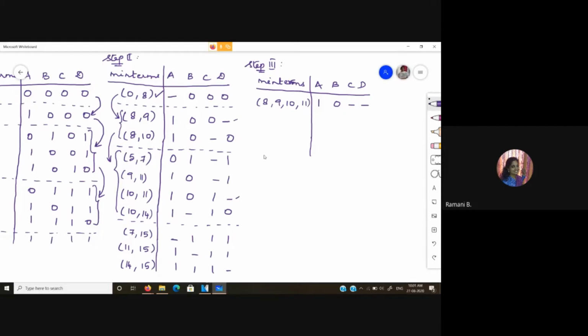And then coming to 8, 10, we have the dash in C, so we compare with the terms having dash in the same position, that is 5, 7 and 9, 11. Checking with 5, 7, all the three variables are changing, so we cannot have that possibility. So 8, 10 is compared with 9, 11, and we have 1, 0, dash, dash. So that group comparison is over. Here 8, 9 is also involved and 8, 10 is also involved, so we don't put any tick mark over there.